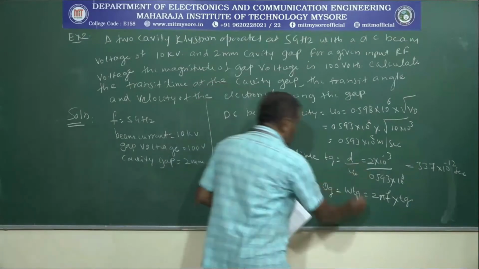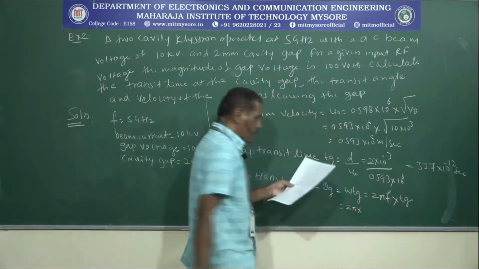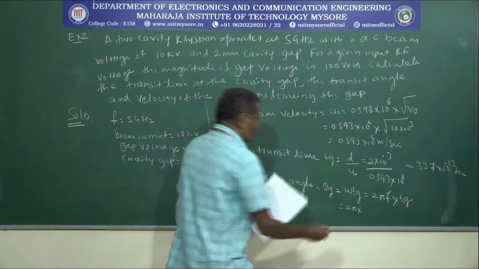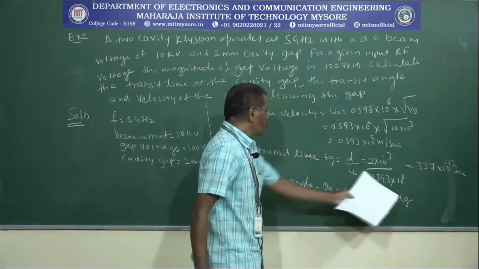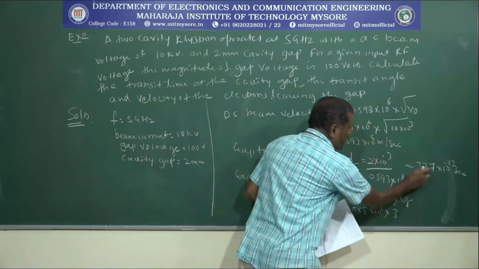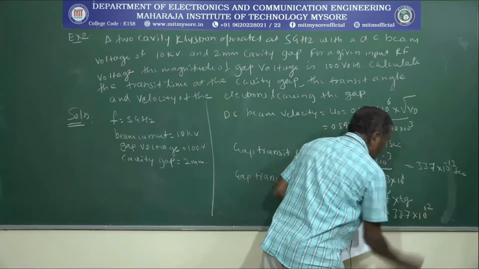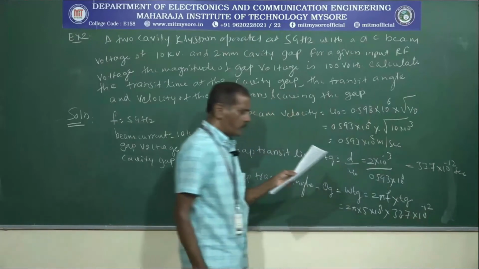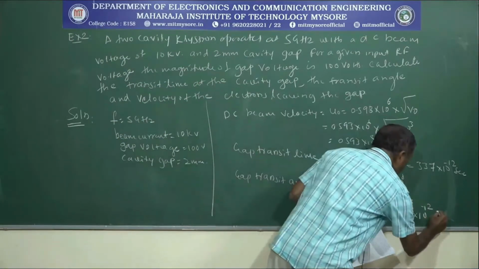In this case, substitute the values: 2 pi into the value of f. The operating frequency is given, it is 5 into 10 to the power of 9, into Tg. The gap transit time is what you have calculated here, that is 33.7 into 10 to the power of minus 12.